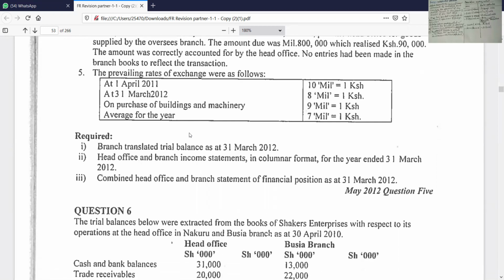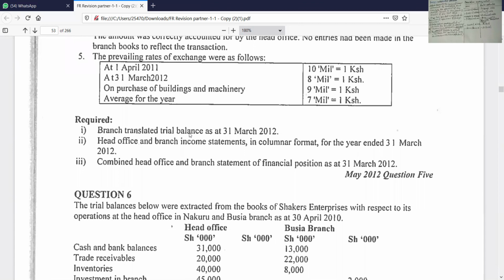So they need the branch translated trial balance, head office and branch income statements, and the combined head office and branch statement of financial position. That is a question for another day. May 2012 was a copy paste, which they tested again the other day.